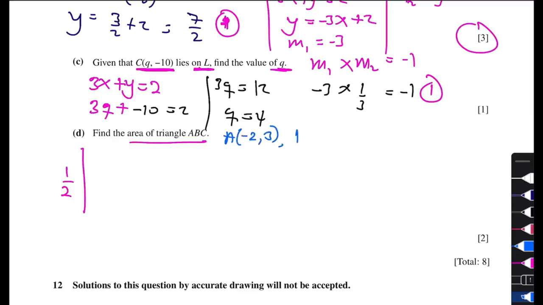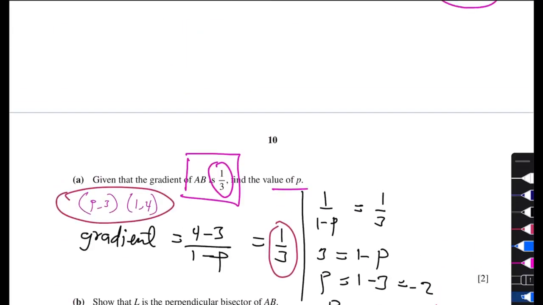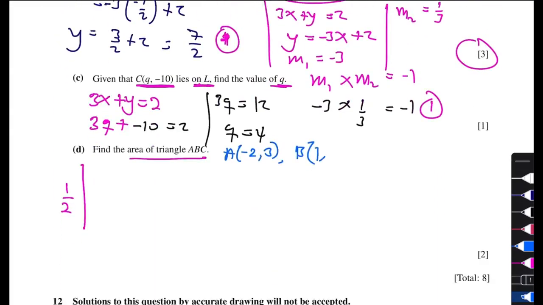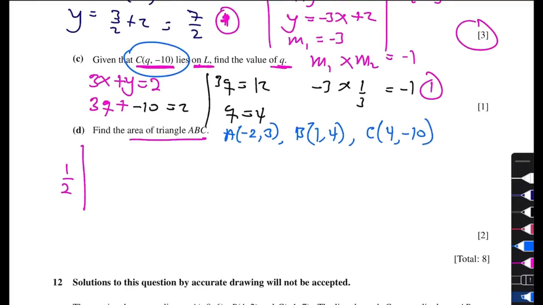Point B they gave us, (1, 4). And point C is what we just worked on, (q, -10), but q is 4, so we have (4, -10). So now you have (-2, 3), (1, 4), and (4, -10).